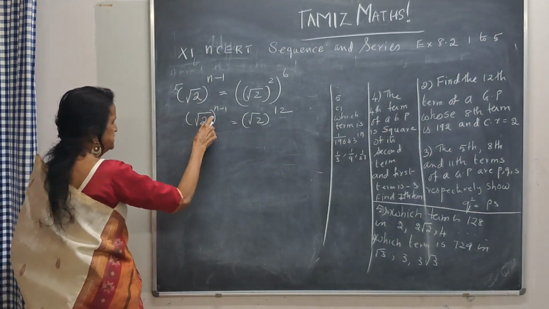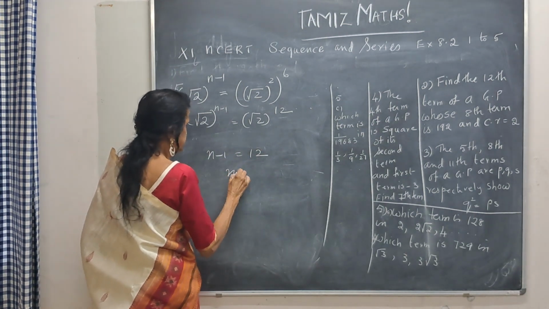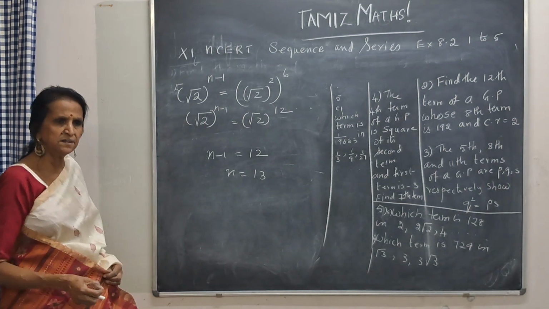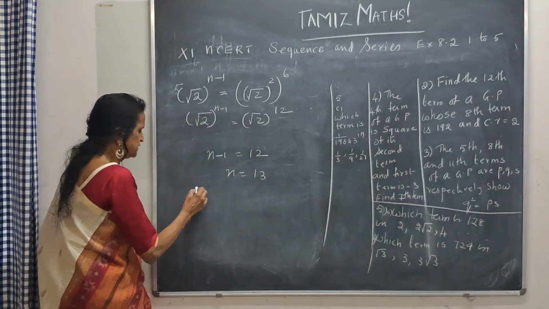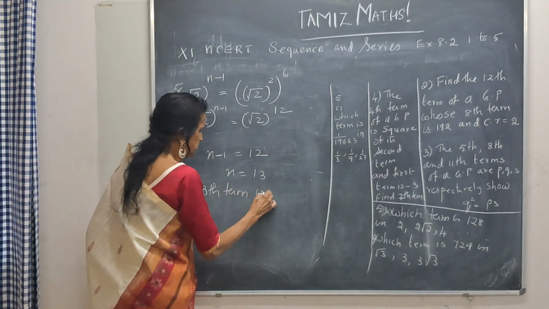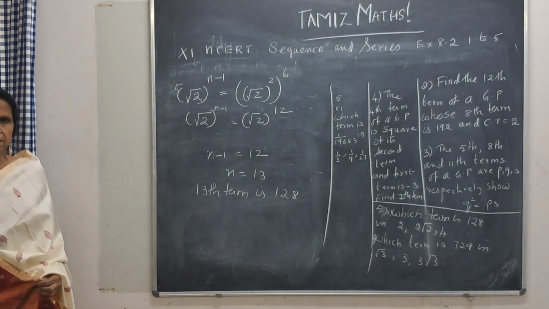The index is n minus 1 and 12 here. So n minus 1 is 12, n is 13. So 128 will be the 13th term in the series.